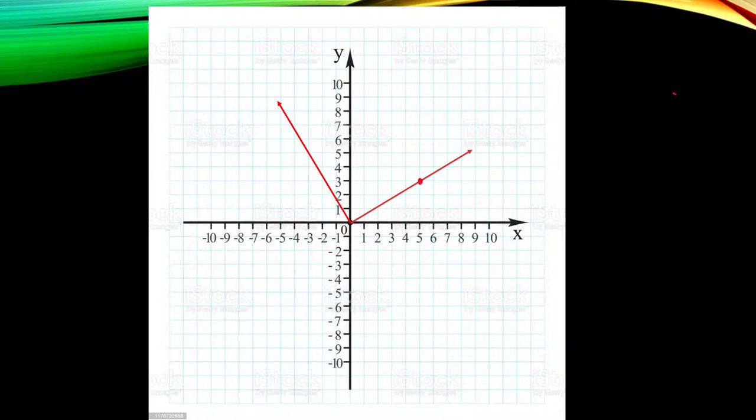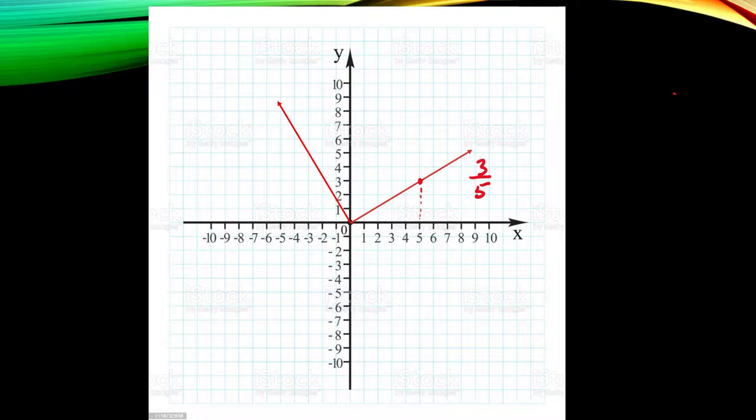We'll take the slope between the point of rotation and the point that we're going to rotate. In this case, that's going to be 3 over 5. And we're going to rotate it to the left. That's going to be a positive rotation.